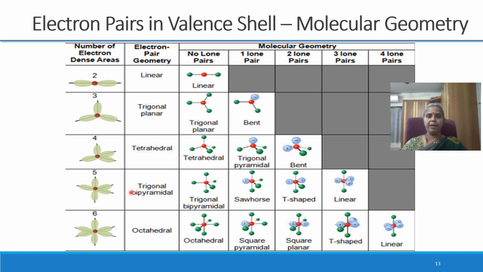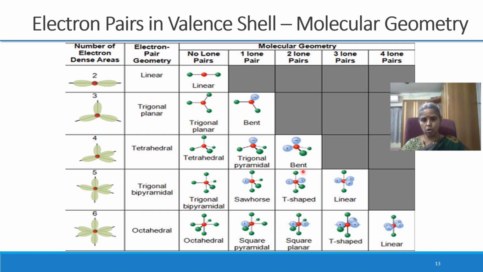Supposing there are five pairs in the valence shell of the central atom, then if there are no lone pairs, it is trigonal bipyramidal. If there is one lone pair, it is a seesaw. You know the seesaw, children play on it, and it is of that shape. Then you have the T shape if there are two lone pairs.